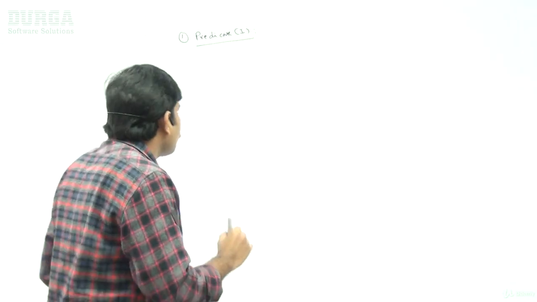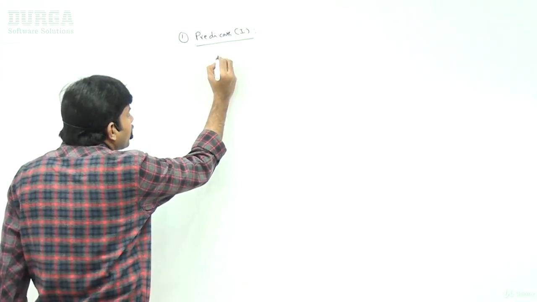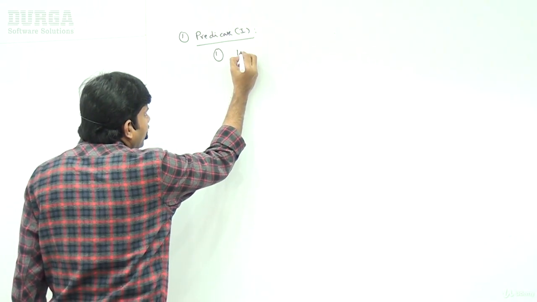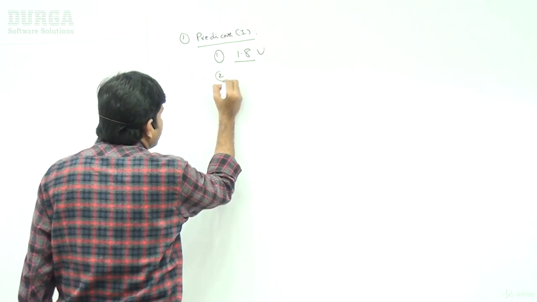Predicate. Simple terminology, sir. A predicate is a Boolean valued function in normal mathematics. Even in Java, we can use the Predicate interface to do some conditional checks. Clear, right? Sir, this Predicate interface was introduced in which version? It was introduced in the 1.8 version.